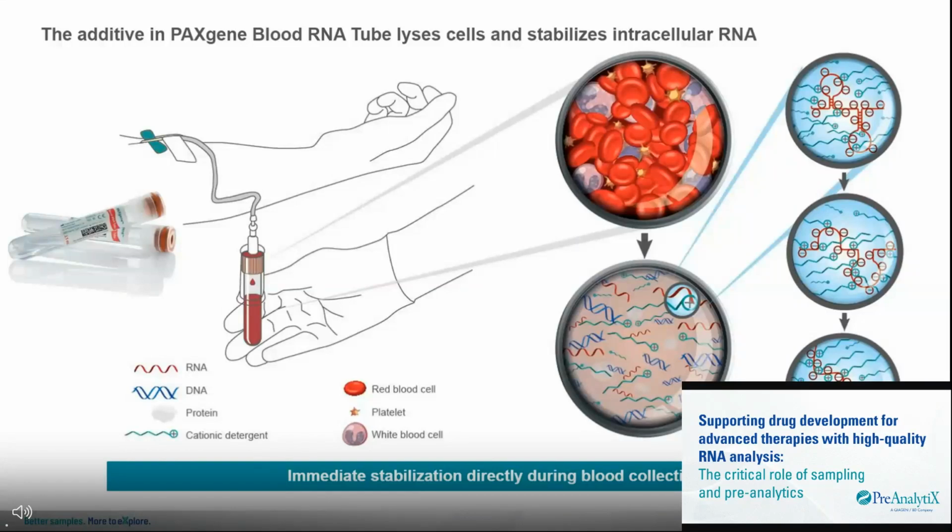So there are no intact cells for separation or enrichment of certain blood cell populations in the lysate anymore. And the detergent binds to the nucleic acids, also to proteins and other biomolecules. And by this, the enzymes are inactivated, resulting in two effects. So first of all, there is no RNase activity anymore. And the second effect is that there is no active transcription machinery anymore.